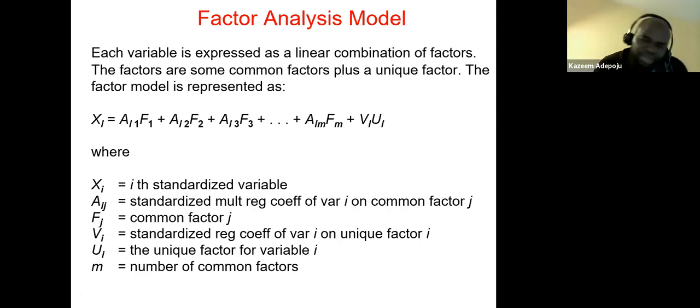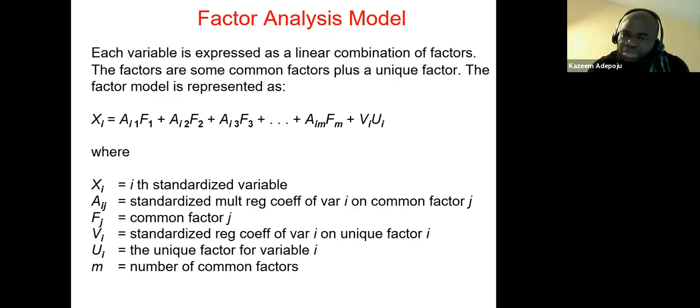So what I'm trying to tell you right now is that a particular input variable can be written in terms of a factor or combination of factors, and that's exactly what we have right here. It's actually going to be a linear combination.